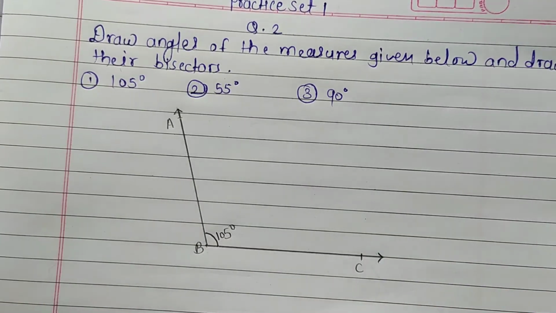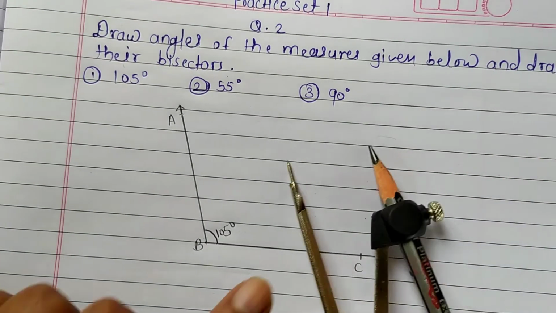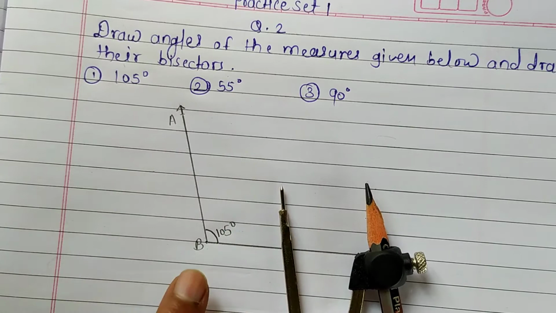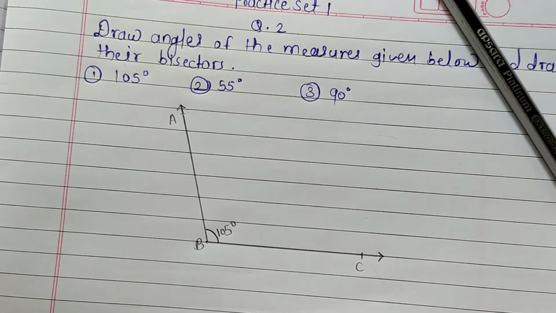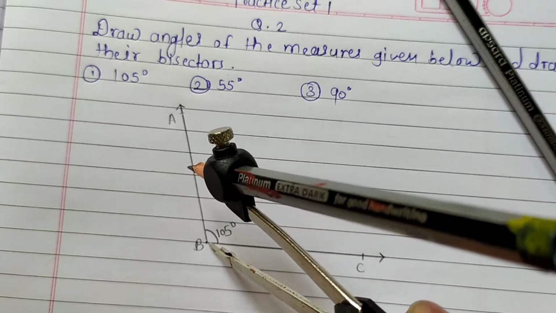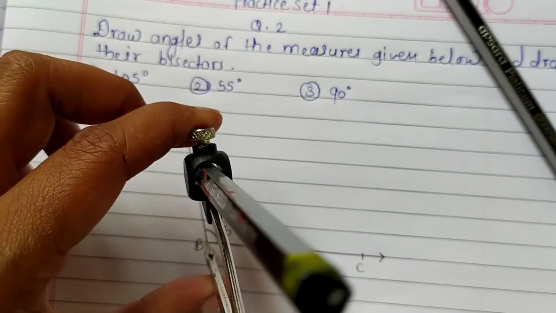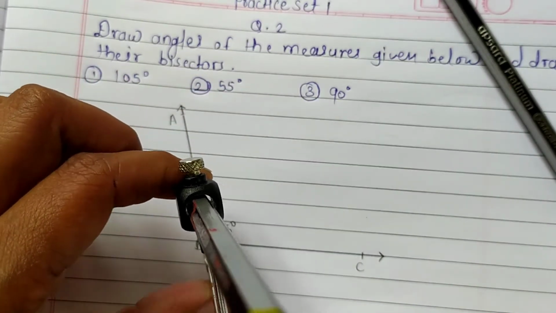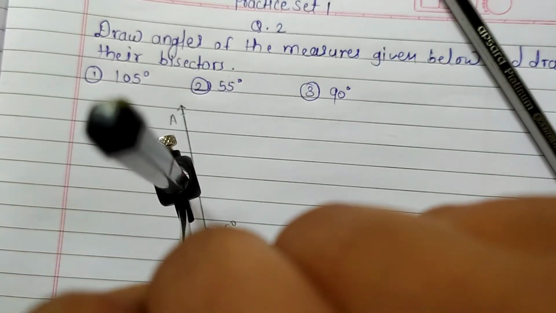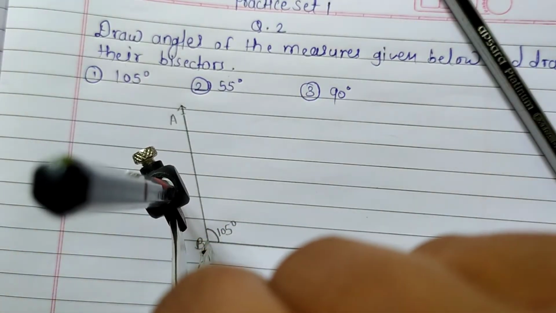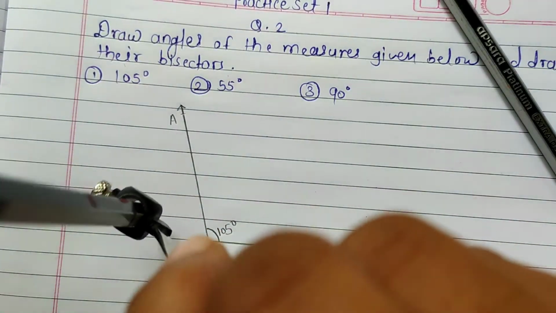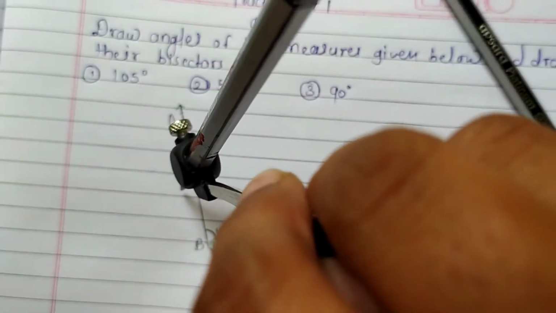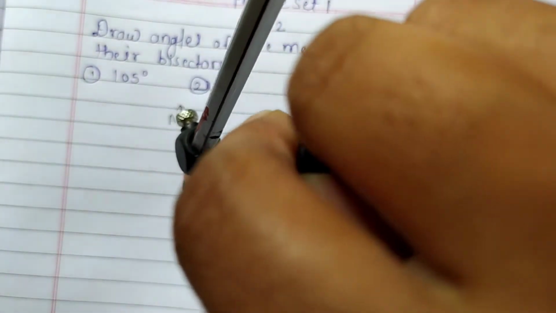Now, put your compass metal point at the point B and draw 2 arcs to cut the rays BA and BC like this.